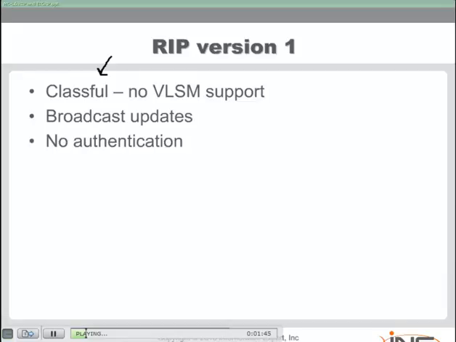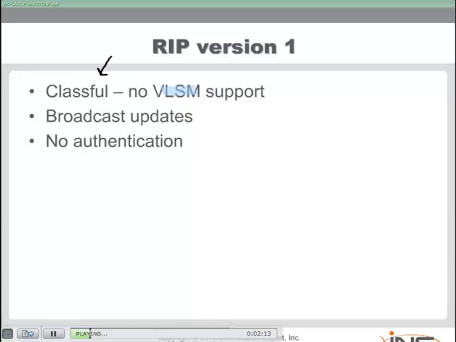If there is no subnet mask information in the updates about prefixes, then a consistency of the prefix that you're using is assumed. You better be using the same prefix for all of your major networks, and that is where we have the problem with a lack of variable length subnet masking.